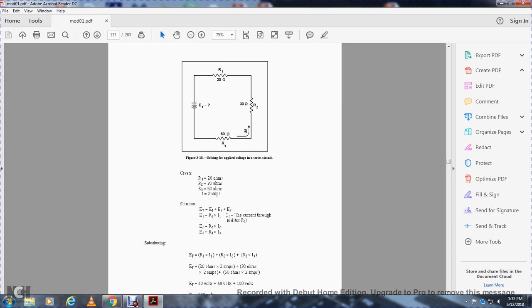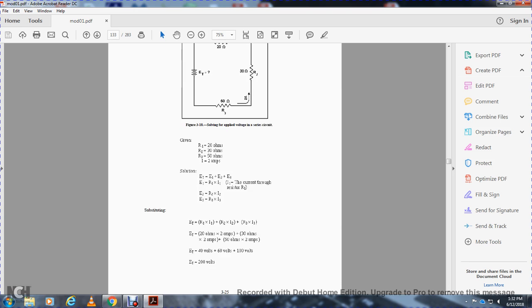The voltage is equal to E1 plus E2 plus E3. E1 is resistor 1 times the current through resistor 1. E2 is equal to resistor 2 times the current. E3, the voltage, is equal to the resistor times the current 3.